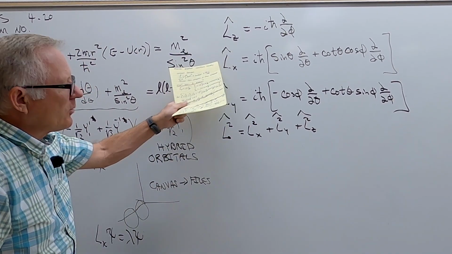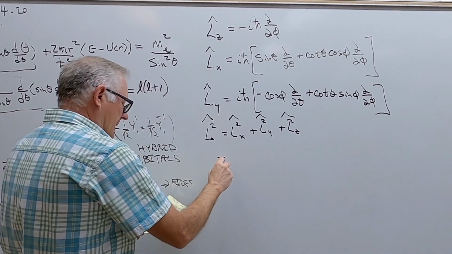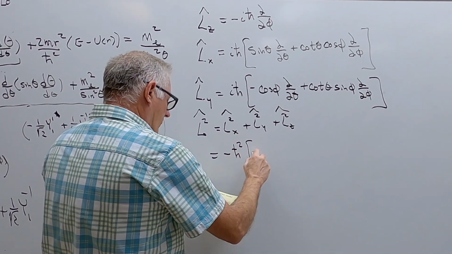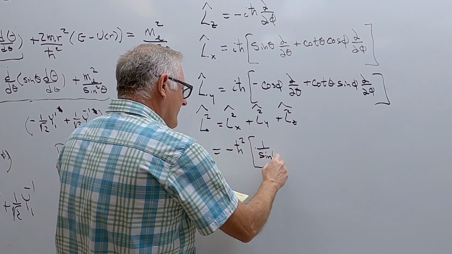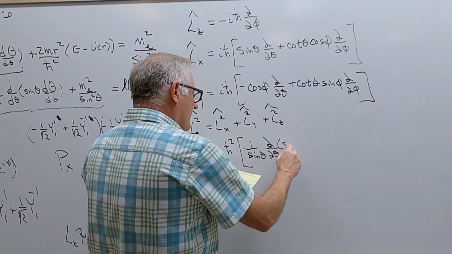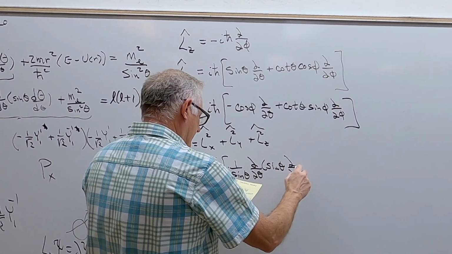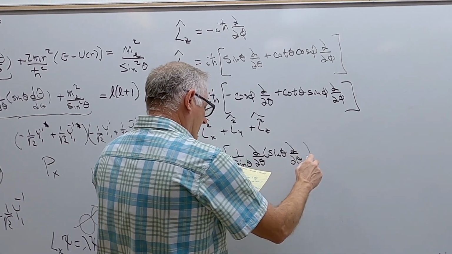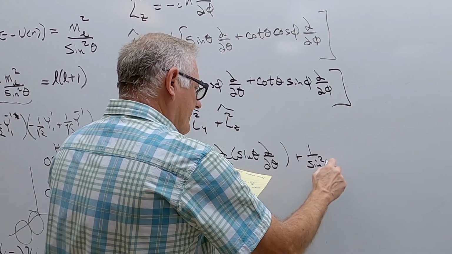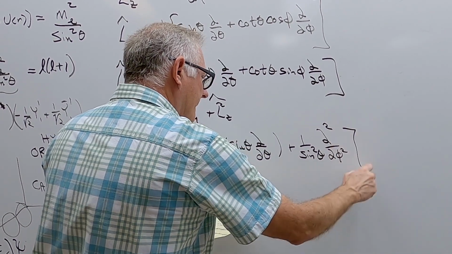So I'd have to square this, and square this, and if you add them up, it ends up being minus h bar squared times 1 over sine theta partial with respect to theta of sine theta partial with respect to theta plus 1 over sine squared theta partial squared with respect to phi squared.